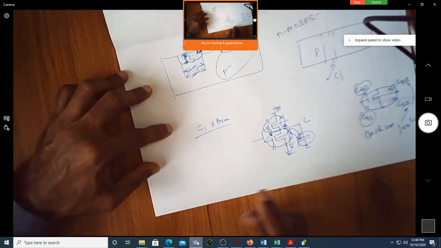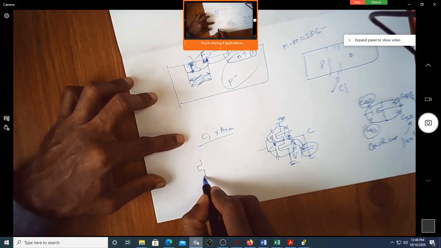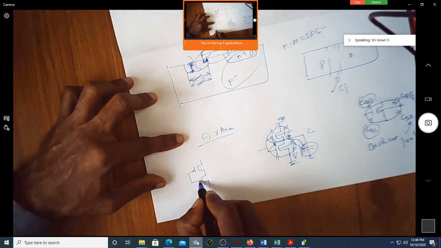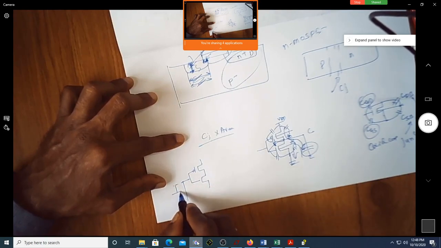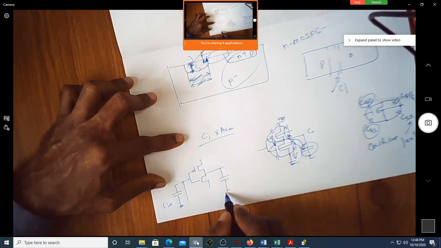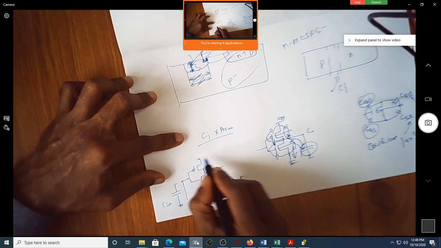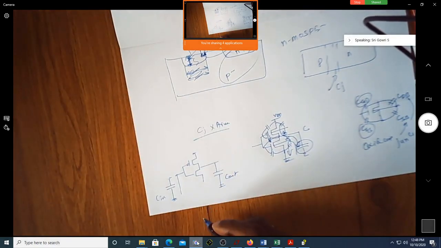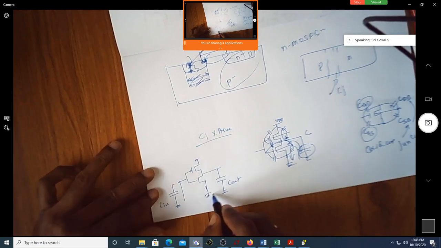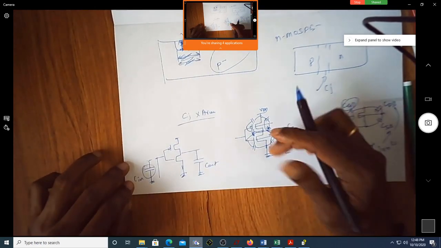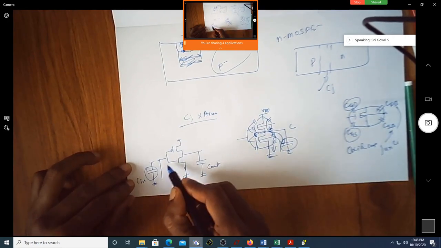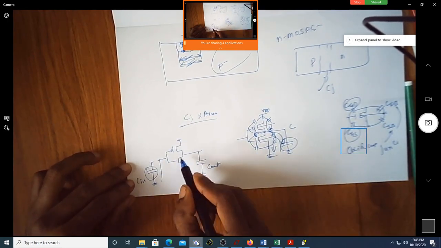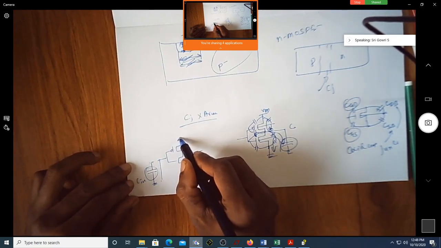Now, when you have an inverter like this, I will say there is an internal capacitance C in and a C out. So what are C in and C out now? There are so many capacitances. They are actually capacitances from this CGS, because for capacitance this VDD will look like ground.